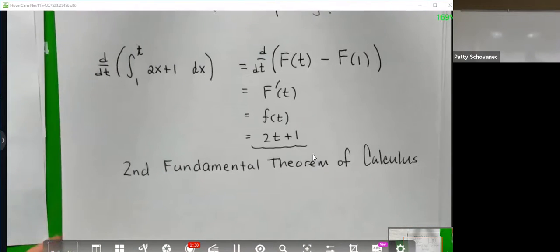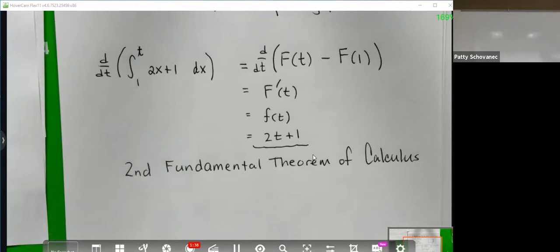It says that the operations of integration and differentiation are inverses of one another. The derivative of an integral gives you the function back, just like the integral of the derivative generates the original function.